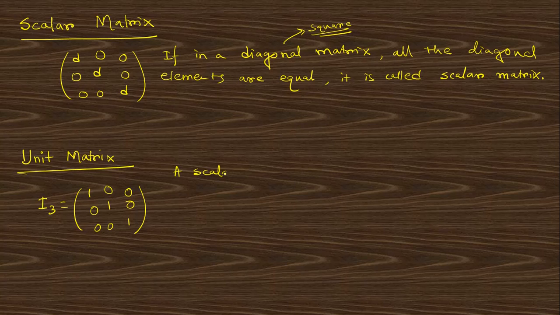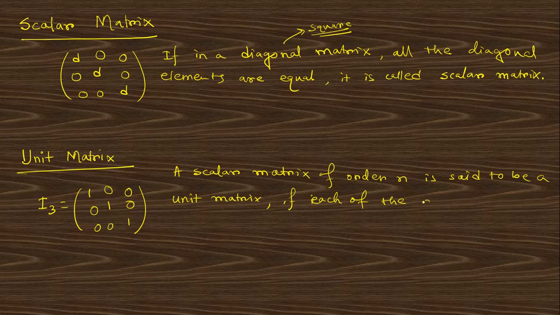So a scalar matrix of order n is said to be a unit matrix if each of the diagonal elements is equal to unity, and this is also known as the identity matrix.